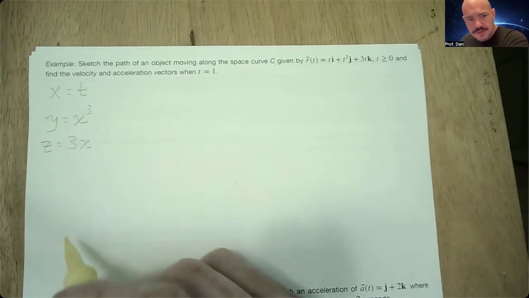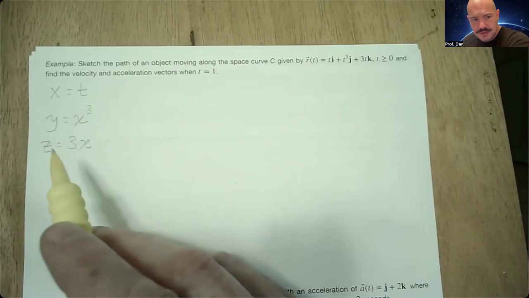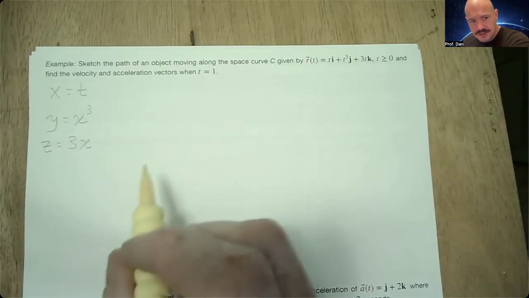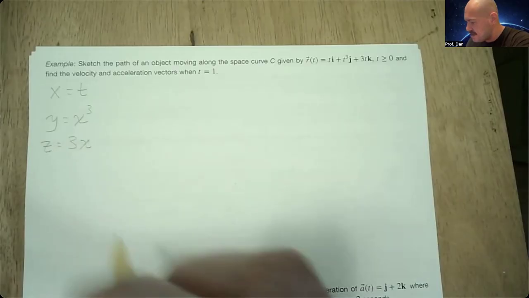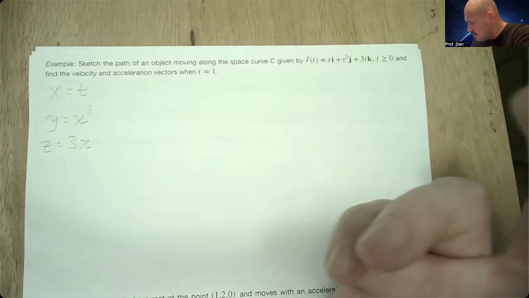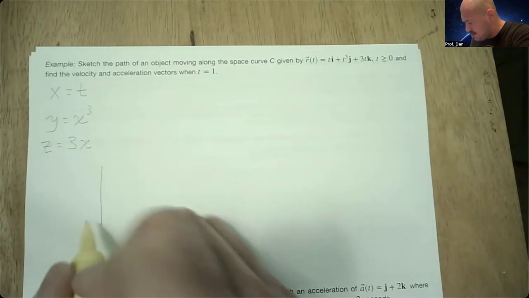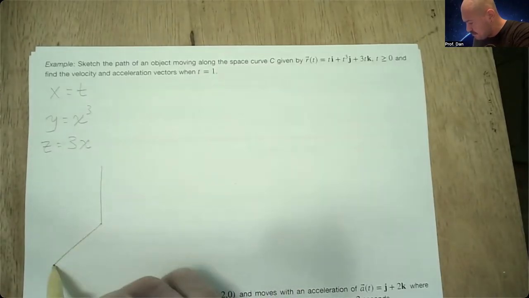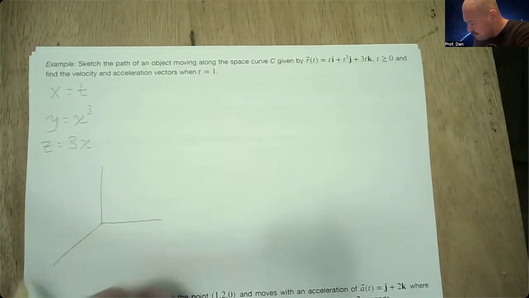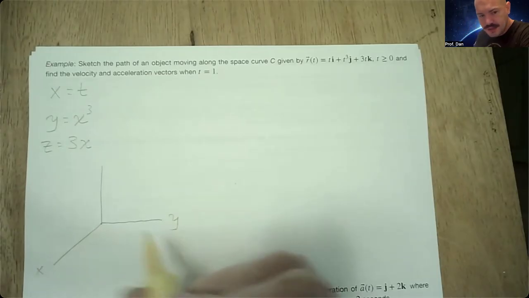And then if you look at the z component, z is equal to 3 times x. So if we wanted to, we could start off with t equals 0. Remember, we'll label our axes x, y, and z.